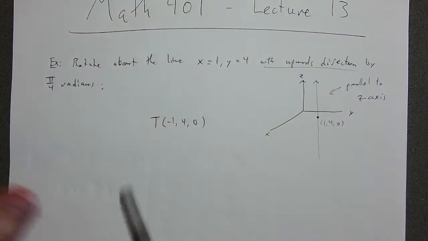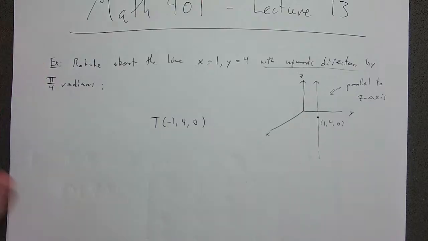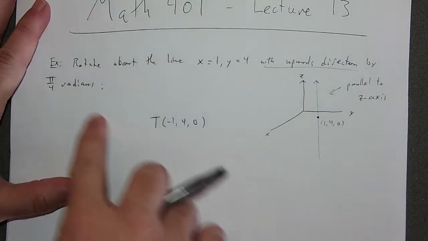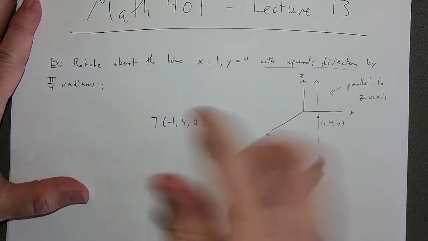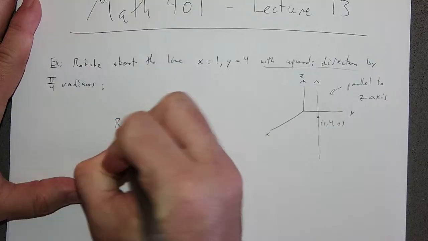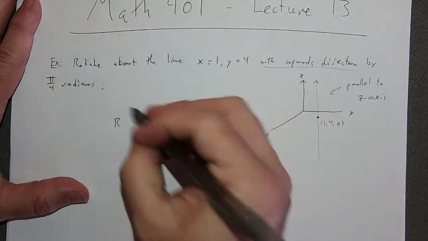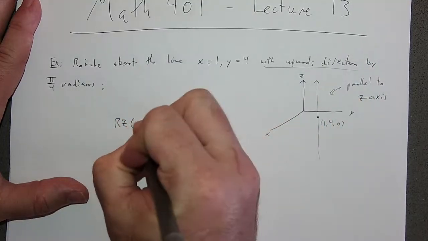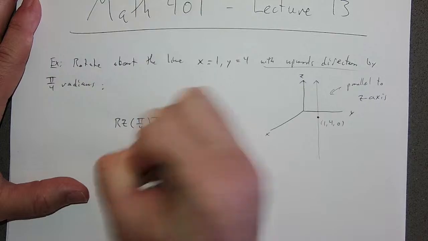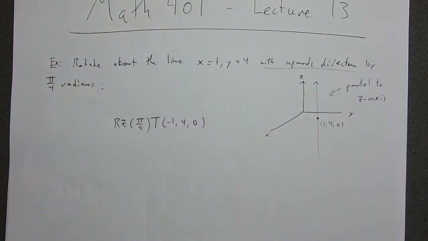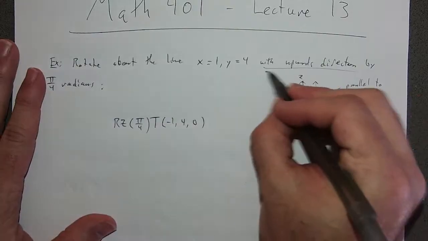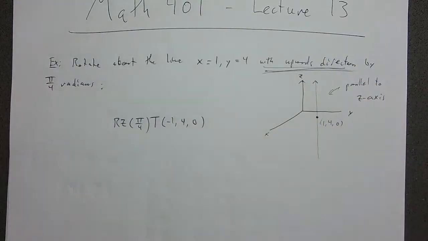Once I have applied this translation to all of the points or vectors in question, then I'm ready to do my rotation. I'm doing my rotation pi/4 radians, so that is the rotation about the z-axis, because the line is parallel to the z-axis, so this is rotation about the z-axis by pi/4. Again, I know that this rotation is in the same direction because we were doing upwards direction, so it's oriented in the same way as the z-axis.